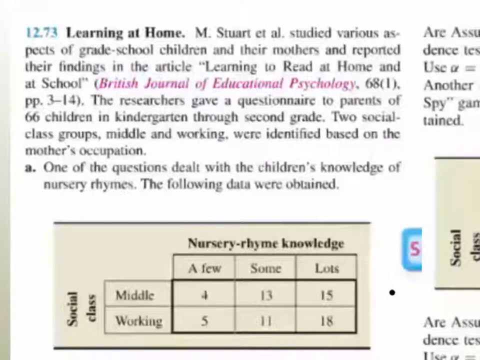So they looked at those two classes and also the children's nursery rhyme knowledge, 66 children in kindergarten through second grade. Okay. So is there some association between the two? So what would our null hypothesis be? No association, right? Independent. The null hypothesis is always going to be no association, independent.